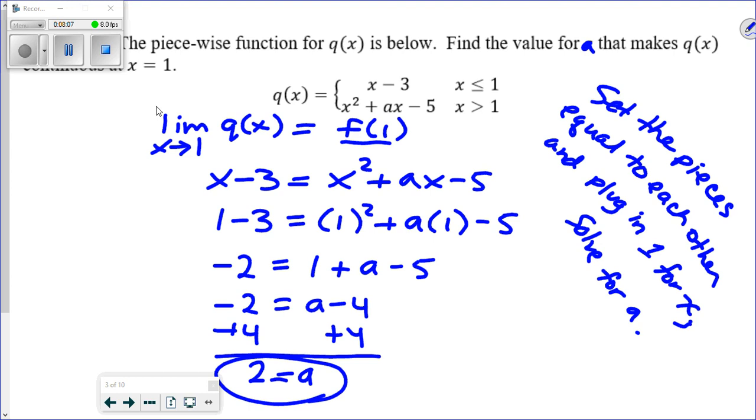Depending on whatever x is equal to, that's what you would plug in for x. So, if this was a different value of x, then you would just plug that in for x. But it's just another way to say that, this is basically what would have to happen for the limit as x approaches 1 to equal f of 1. Okay? But on these questions, the shortcut method is set the pieces equal to each other and plug in whatever x is equal to for x, and then just solve for the variable.